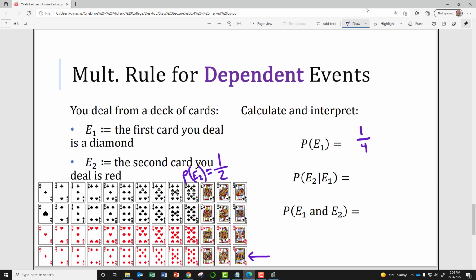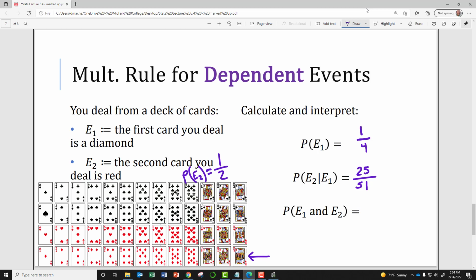And so the remaining number of red cards is going to be 25 red cards, given that I've already removed one of the reds. And the total, I'm going to have 51 cards left to draw from. So the probability of E2 given E1 is 25 out of 51.